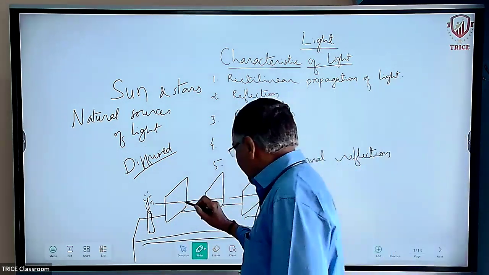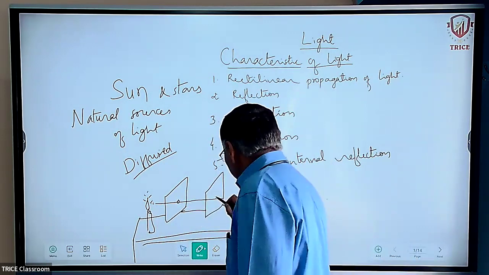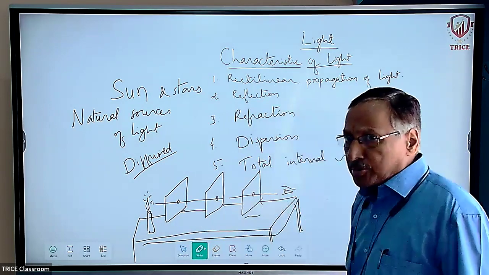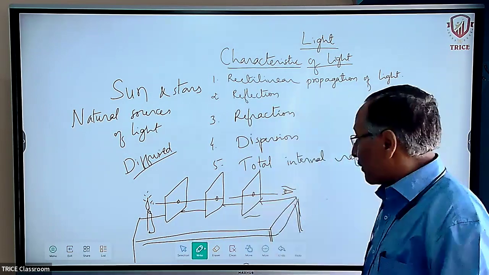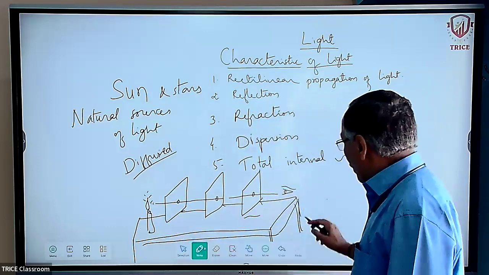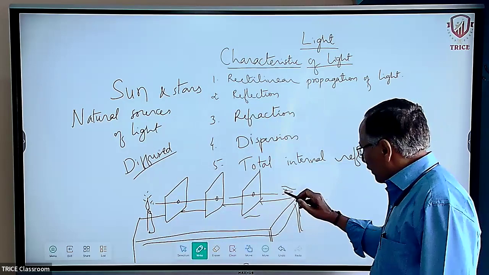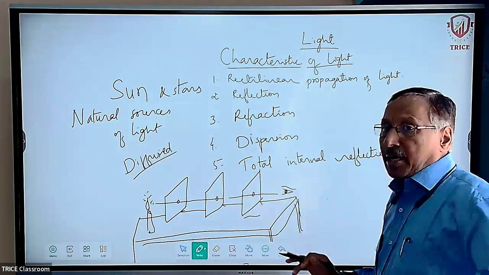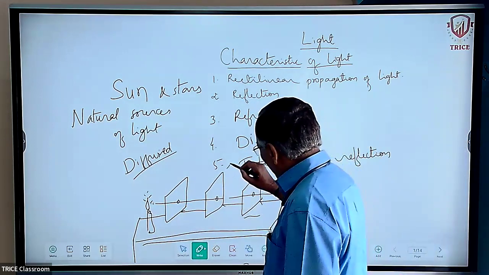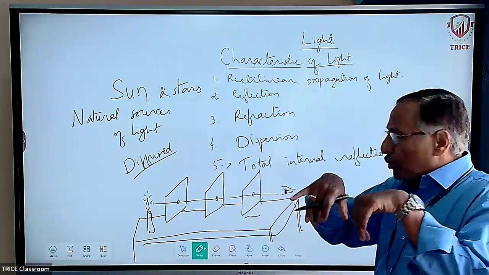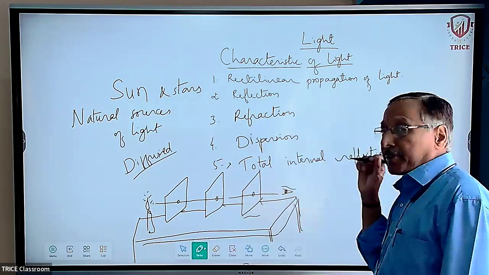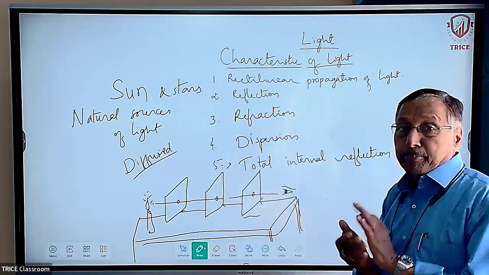Now there are three holes, is it not? This is one hole, this is another hole, and this is the third hole. All the three holes are in one straight line. That is why you are able to see the candle flame from the other side of the cardboard. Now, if you displace this cardboard slightly towards one side of the table, you will not be able to see the candle flame.